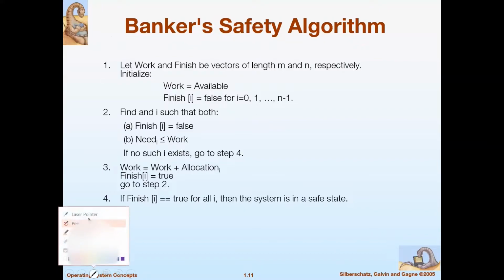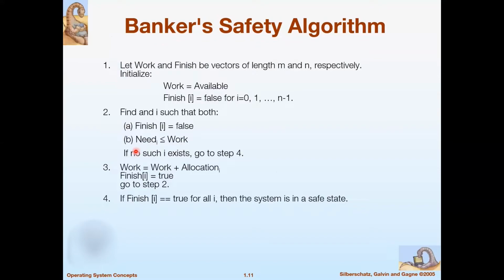If I get a process for which Need i, that is the future requirement of the process, can be met by the presently available resources, we ensure that the process can be completed in the present state following some sequence. Now, if the second line is completed, then we come to the next step.